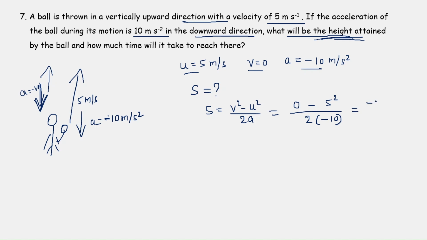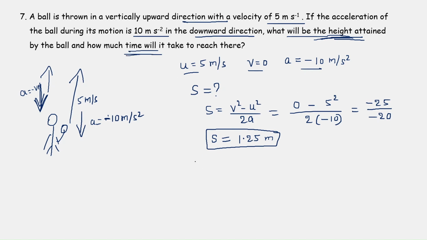So here you have minus 25 divided by minus 20. So minus minus will get cancelled. You are going to have the total displacement as how much? I think you can find out 1.25 meters, 25 by 20.